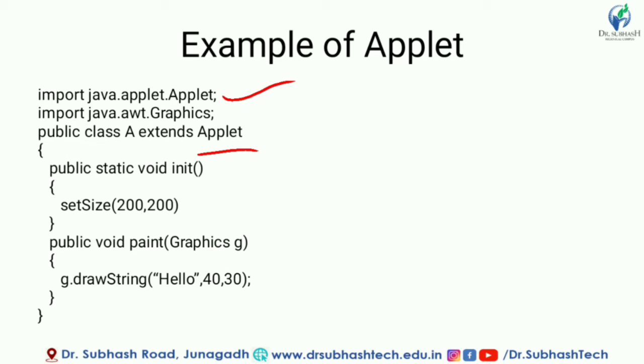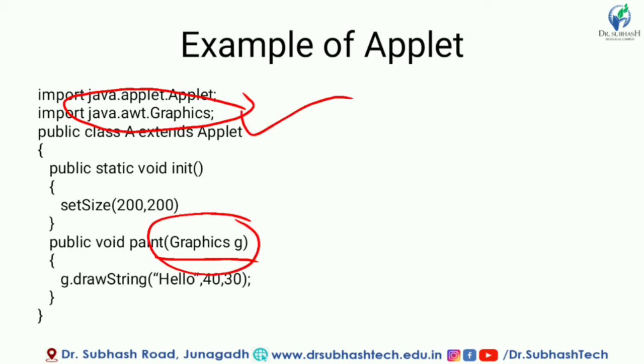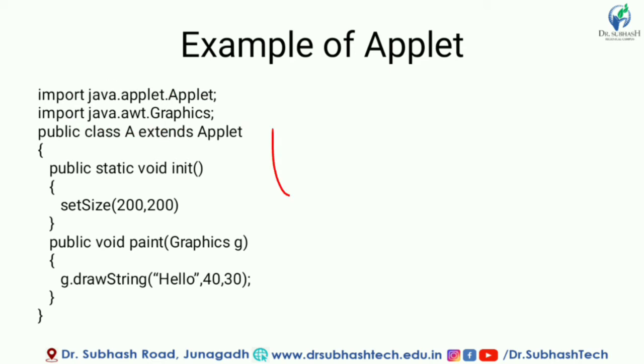This line is compulsory because you are using the Applet class. And another import you can see is java.awt.Graphics. This is because we are using the Graphics class here. This Graphics class is available in this package. So both import lines are compulsory whenever you are using the Applet and Graphics classes.